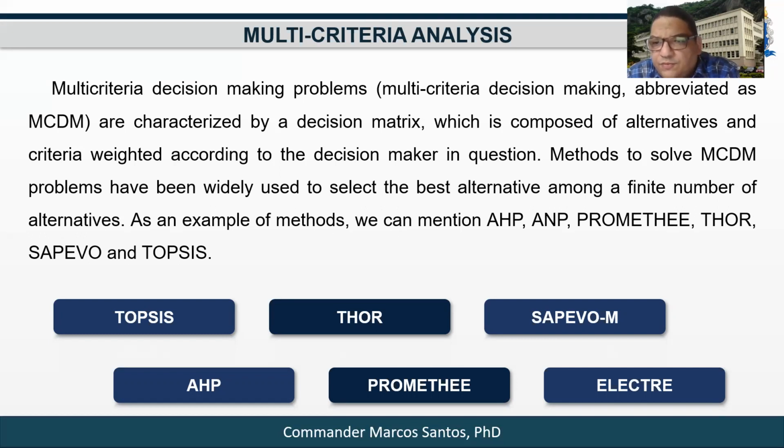Methods to solve MCDM problems have been widely used to select the best alternative among a finite number of alternatives. As an example of methods, we can mention AHP, ANP, Prometheus, Thor, SAPIVO, and TOPSIS.